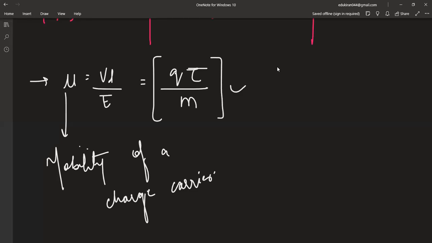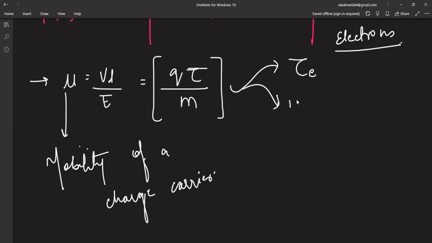Now, this can be related to your semiconductors. How? They can give you the average relaxation time of electrons. They can mention electrons, and the mass of electron you have to take by yourself, and the charge of electron you have to take by yourself. So mobility of charge carriers, which charge?